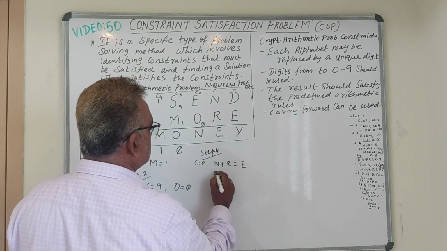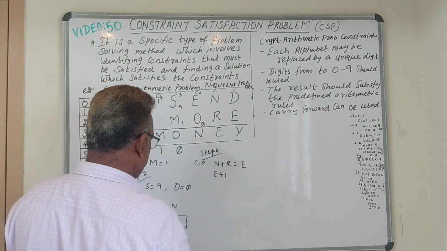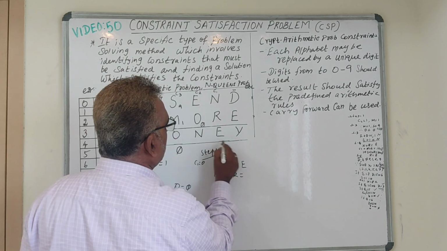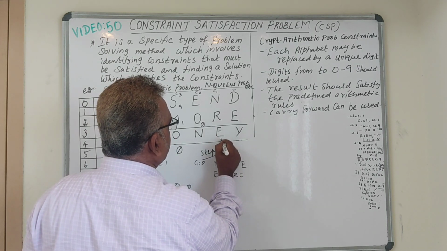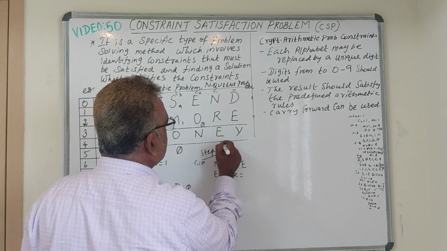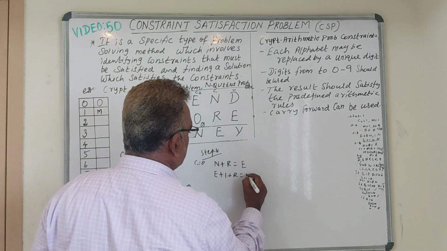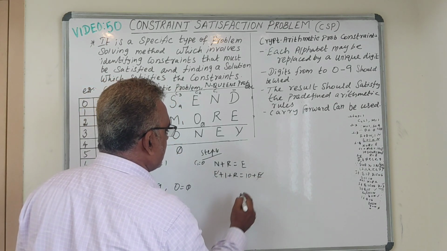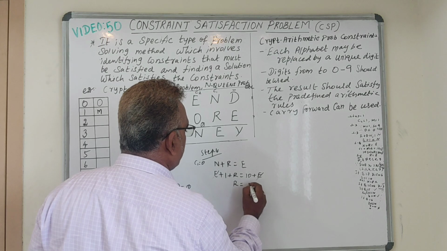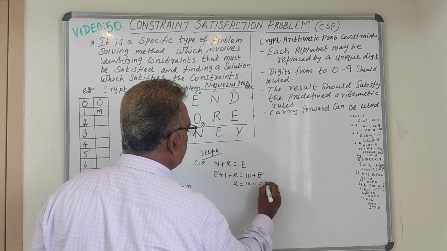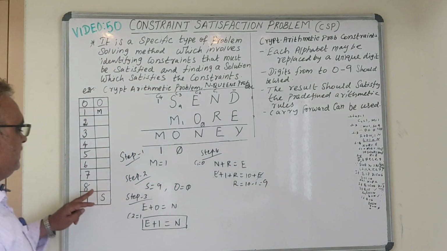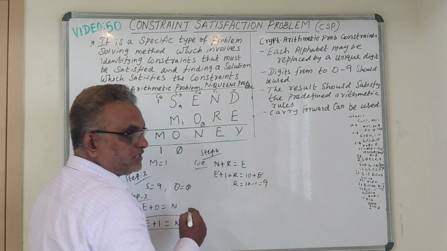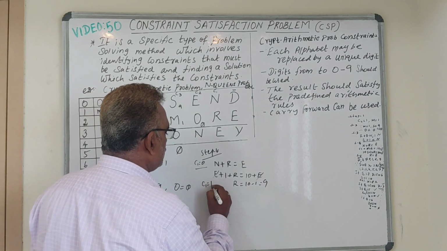Substitute E plus 1 instead of N. I am substituting E plus 1 plus R is equal to, here this E is in the second place, that is the 10th place, so its place value is 10. So you can write the equation as 10 plus E. So E and E cancel, and now R takes the value 10 minus 1, that is nothing but 9. But 9 is already assigned for S. So definitely C1 cannot be 0. So C1 must be equal to 1.